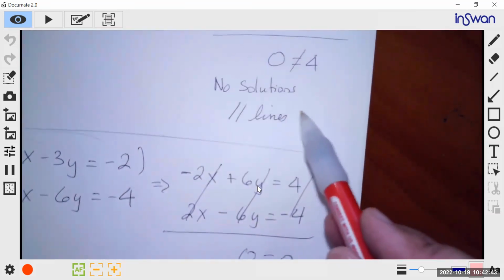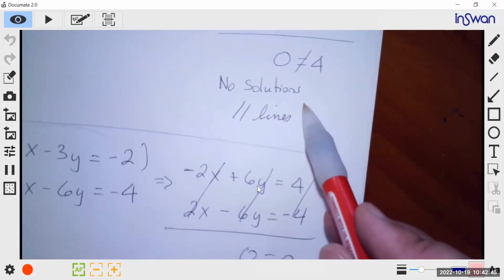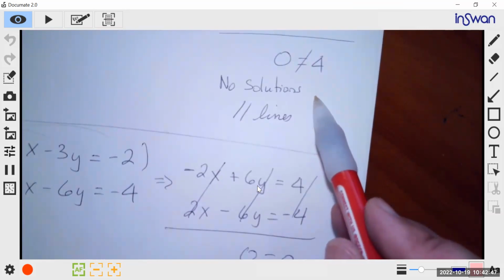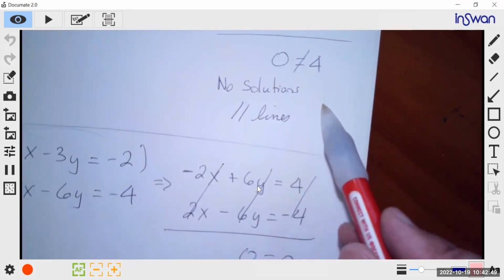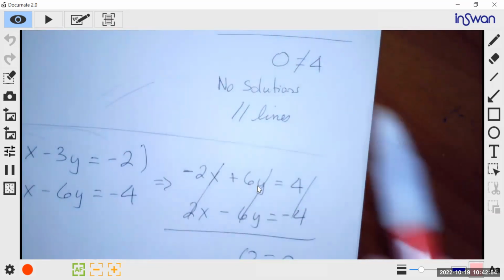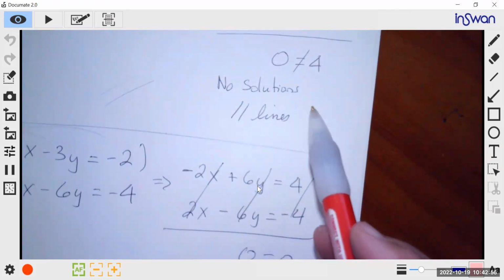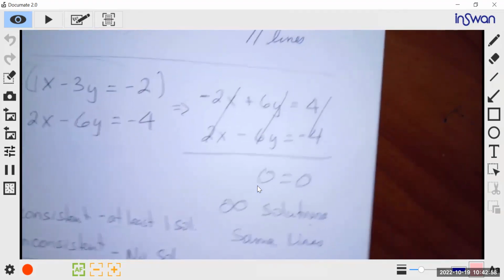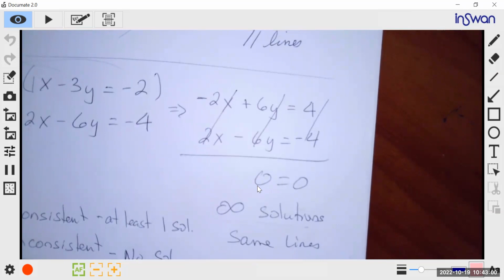This one here, the parallel ones, is it consistent or inconsistent? Inconsistent. Do they have the same graphs? No, they're like this. So they're inconsistent and independent, because they have different graphs. They're just offset. That's it.